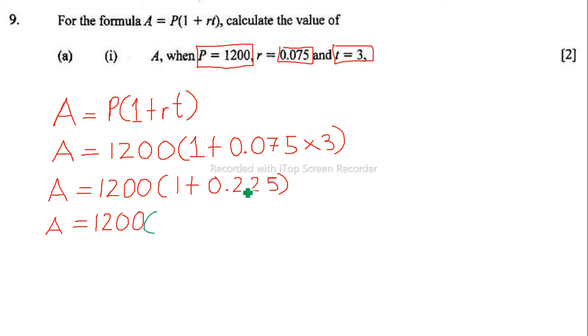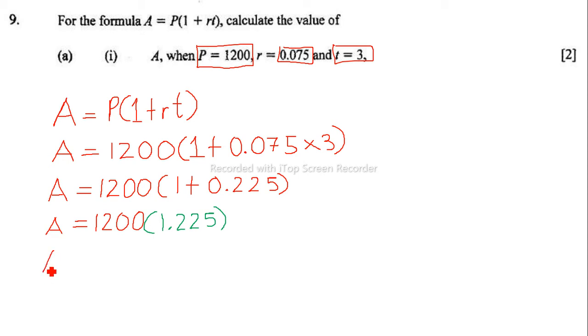1 plus 0.225 is what? 1.225. Same number, just one number. Decimal. Very good. All right, now we're gonna do what to these two numbers? Multiply them. Very good.